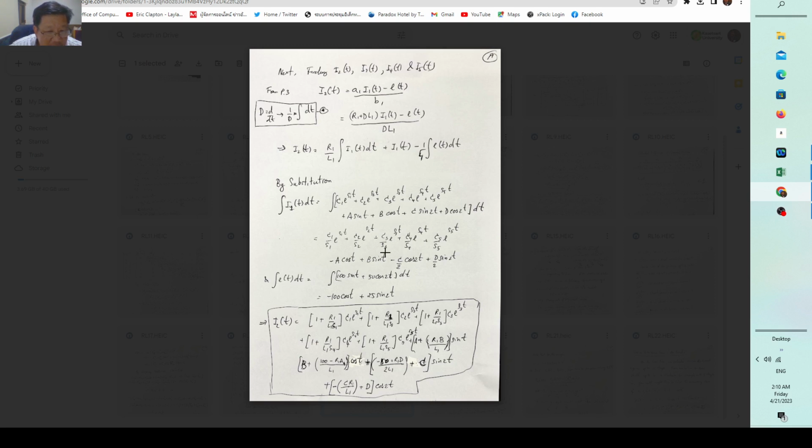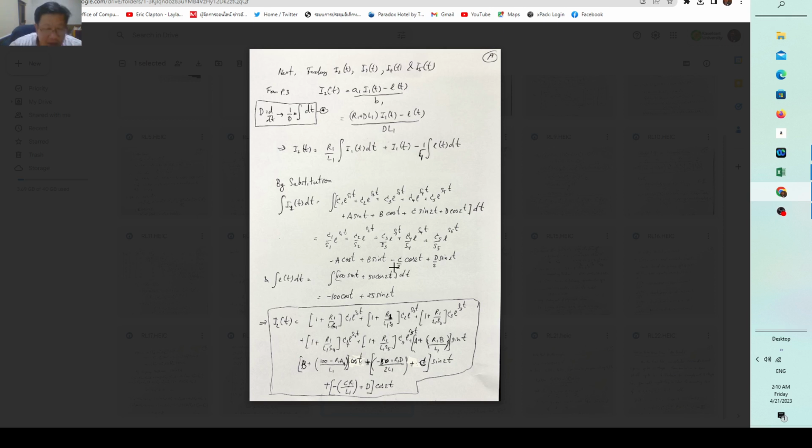And b cos becomes b sine, because once you take the derivative of sine, you get cos. And this one becomes c divided by 2. Why divided by 2? Because you get sine 2t and cos 2t. It's something reverse: if you find the derivative, it becomes a multiple; if you find the integration, it becomes a divisor.